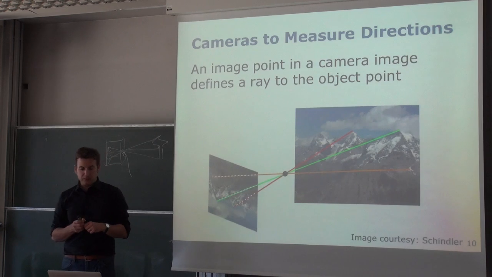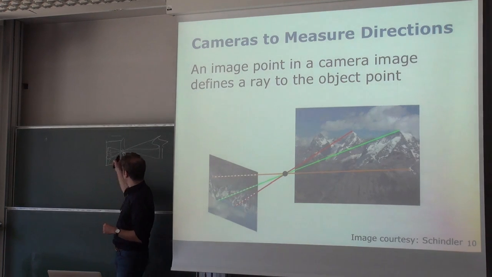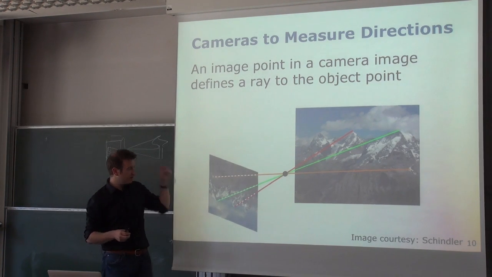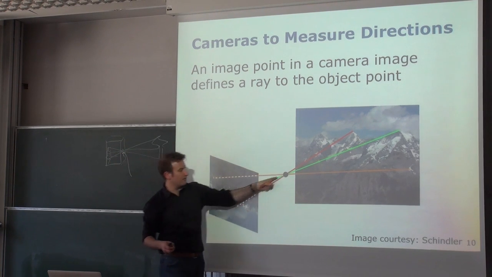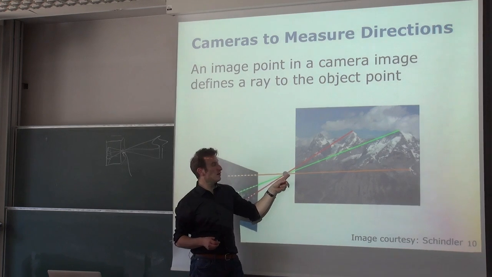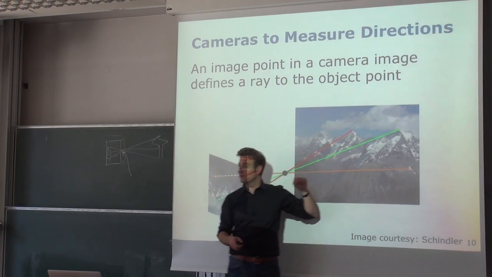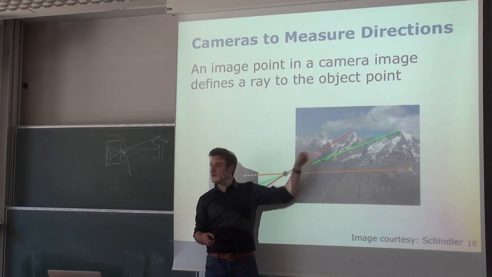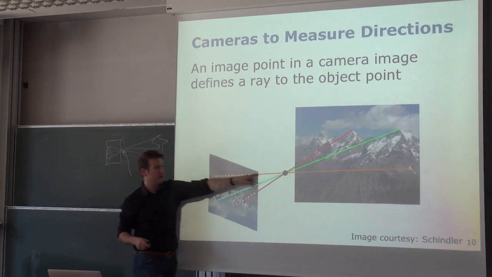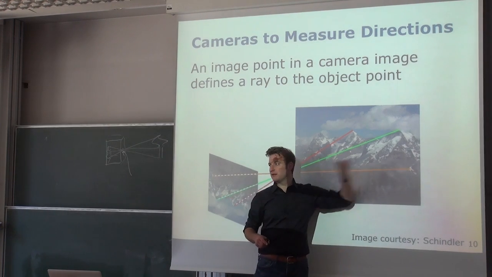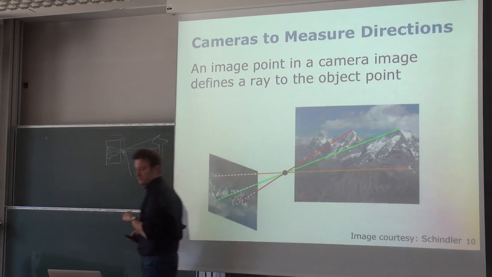But the most important thing that we are going to exploit is basically what I've drawn here, or just illustrated by this effect. So if this is my image, I have the rays going from the image to my pinhole into the real world. And I can just measure those rays. So one of the pixels, one of the points in my image basically represents the information along this ray, and I don't know where along this ray this information is.